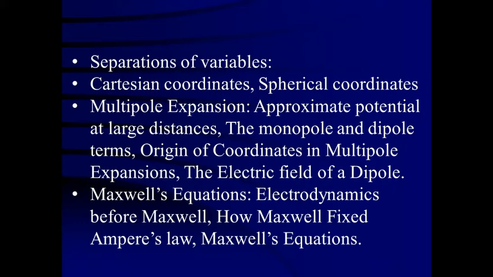These are the topics in chapter 3 of your book Griffith. Now, Maxwell's equations, electrodynamics before Maxwell, how Maxwell fixed Ampere's law and how Maxwell's equations are designated, you are going to study from B.B. Laud, Electromagnetics. This will be your syllabus of Unit 1.